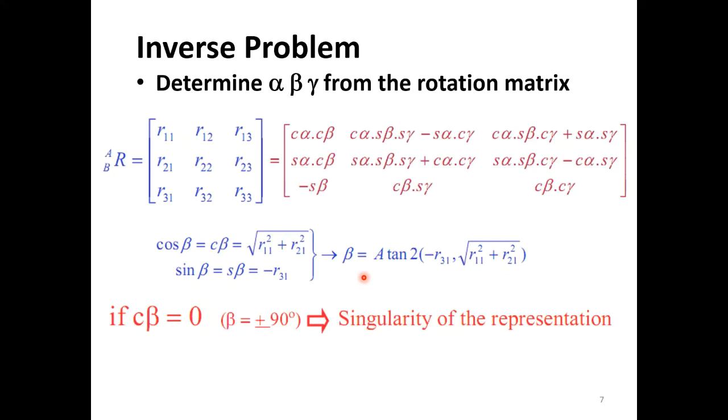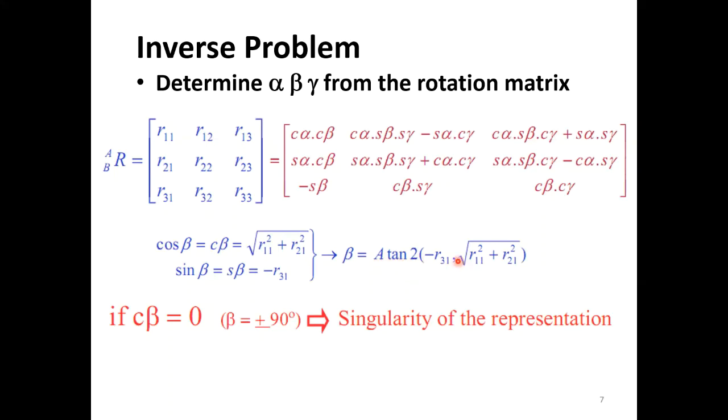So you need to see which quadrant you are in. Therefore, you need to know the signs of the cosine and sine. That is why, when you do the arctangent calculation in MATLAB, you need to use the atan2 command, the two-argument arctangent function.